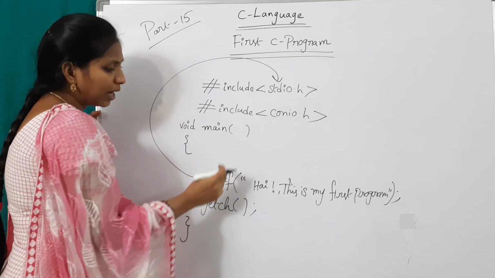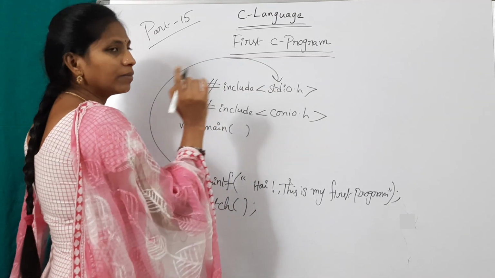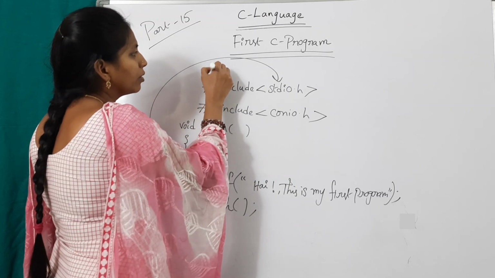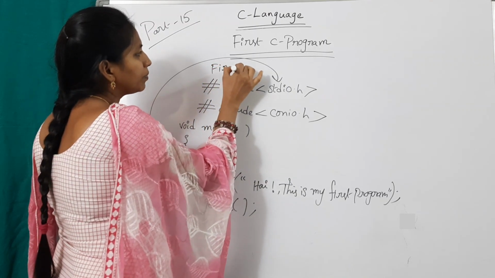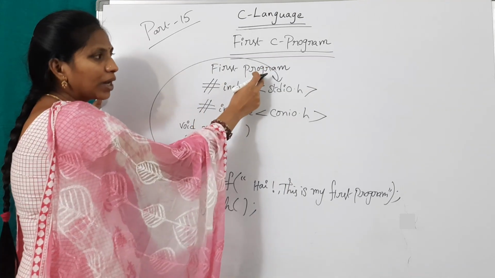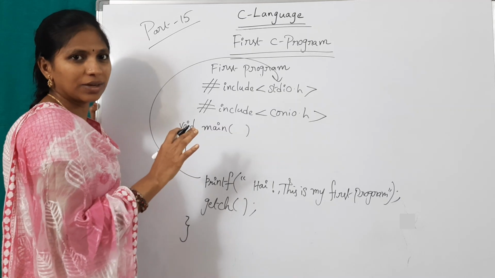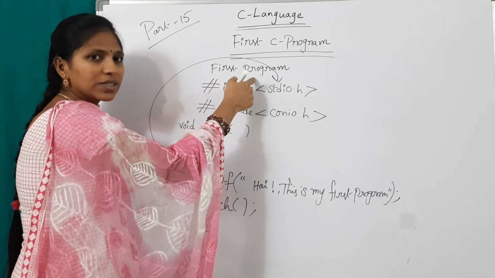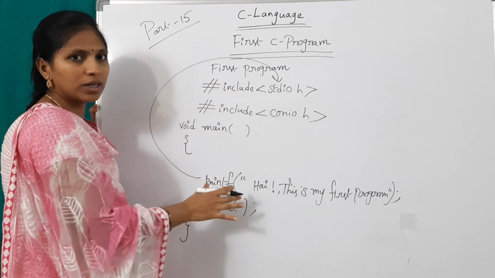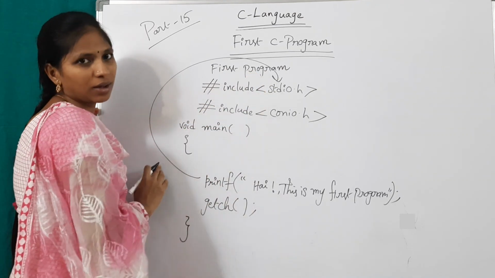Okay, void main and printf. I want to give a title to this program: first program. If you write first program in normal words without any instruction, the compiler identifies it and displays many errors in this program, because this is not an instruction.